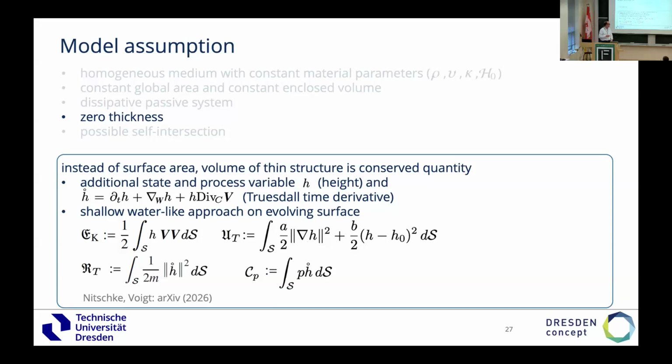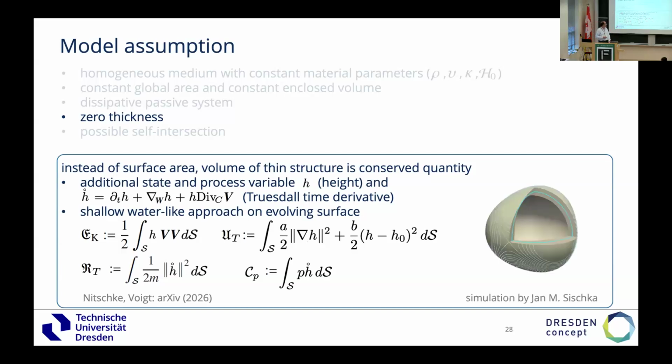Now, this is also work in progress. We start with a sphere which has different heights, and let this relax. What happens is, due to the different height, this induces tangential flow, that induces shape deformation, and in the end, everything converges to a sphere with constant height.